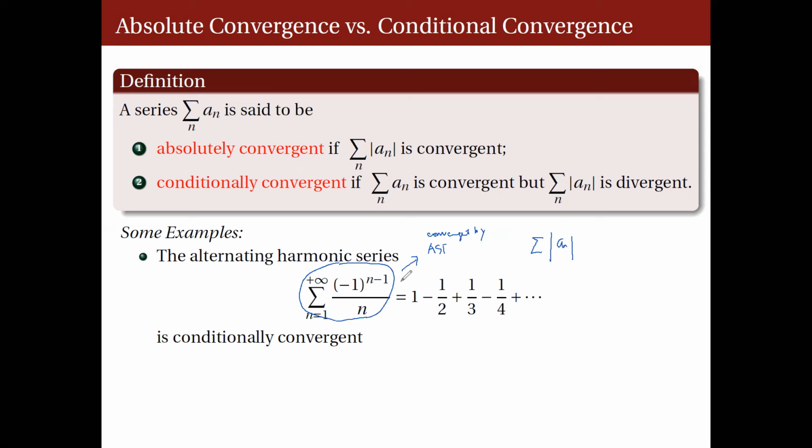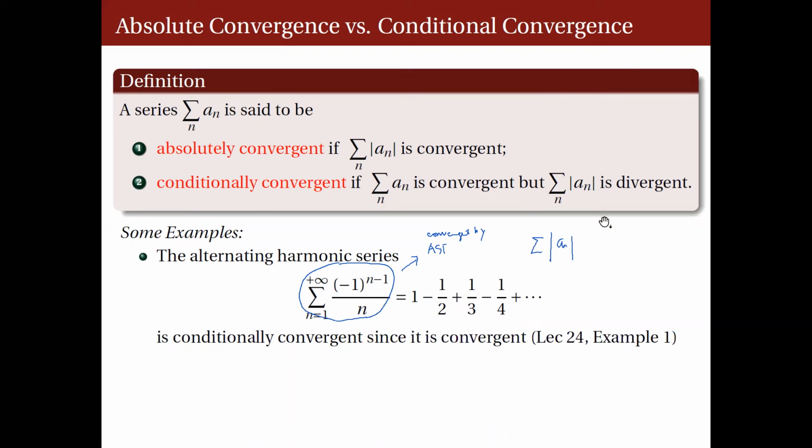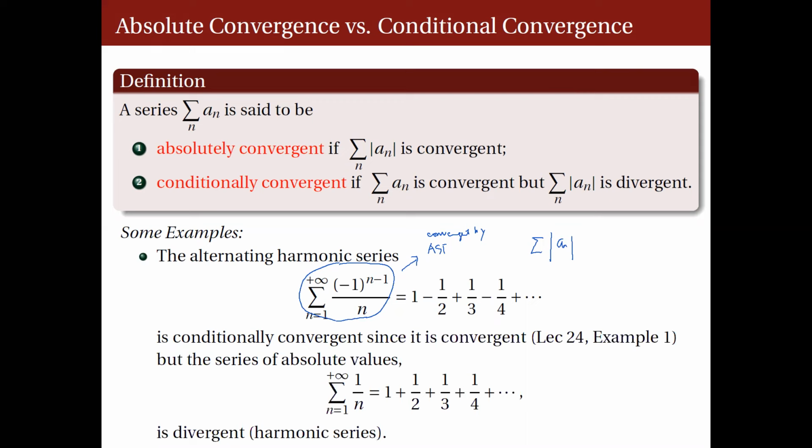So, tignan nyo lang, ano ba ang absolute value ng a sub n? Ang absolute value ng a sub n, syempre 1 over n. So, let's consider the series with terms 1 over n. And itong series na to, very familiar sa atin, harmonic series.